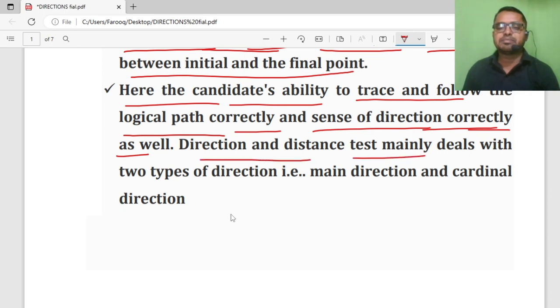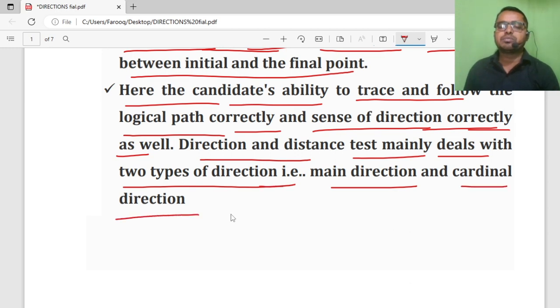Direction and distance tests mainly deal with two types of directions, that is main directions and cardinal directions.